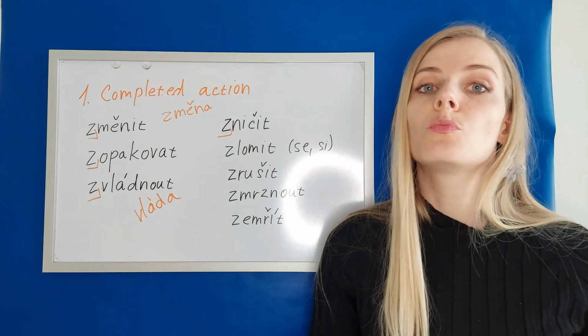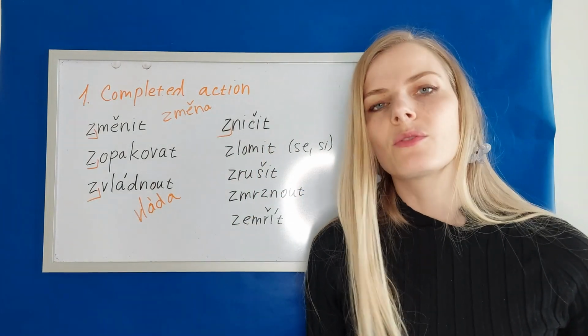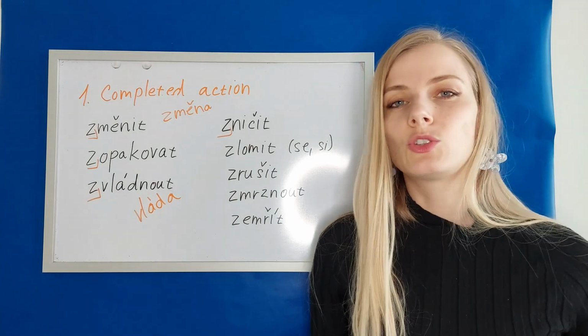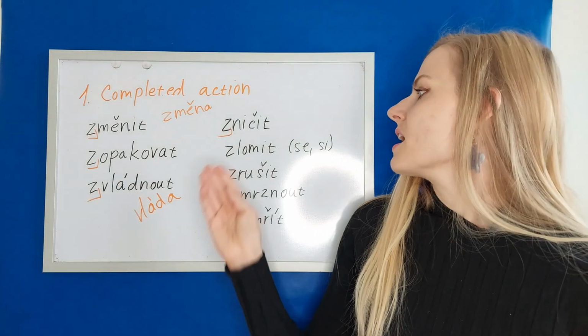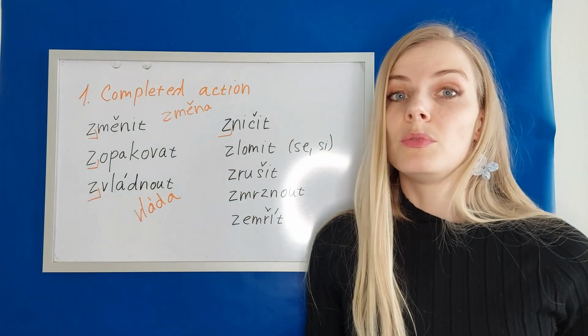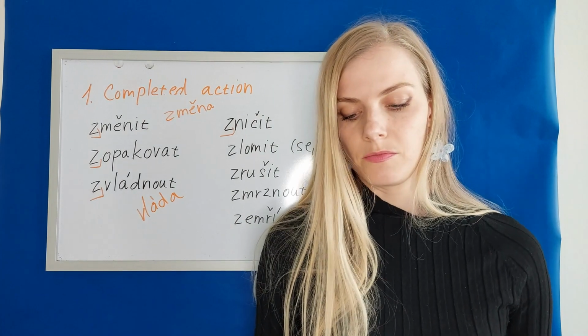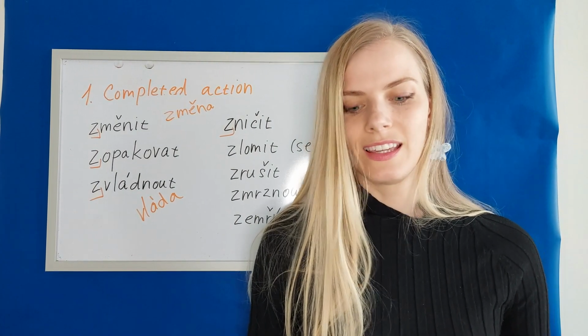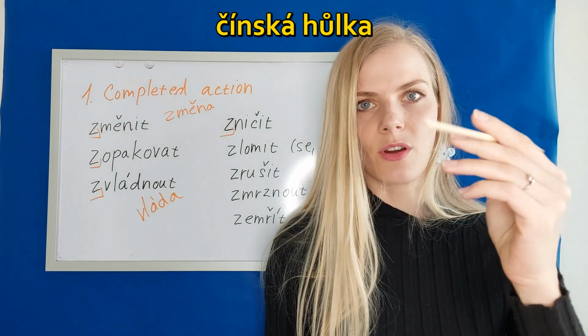Zlomit is to break completely. You might remember from my first video on prefixes where I talk about ulomit, and that was just to break a little part. Zlomit is to break completely. I can show you very easily. Don't worry, I'm not gonna be breaking any of my markers. Tohle je čínská hůlka. This is a Chinese chopstick.